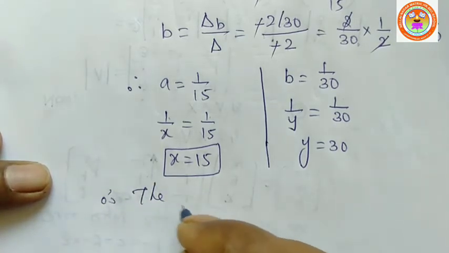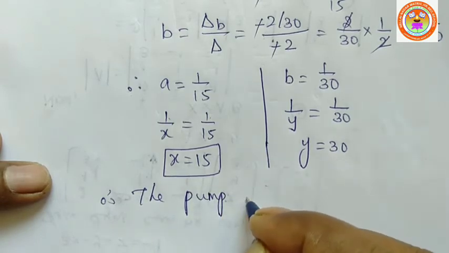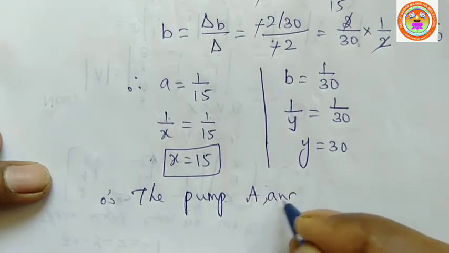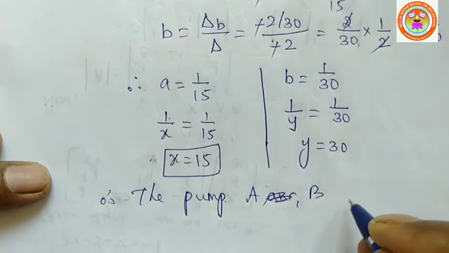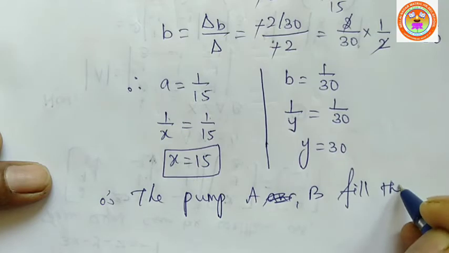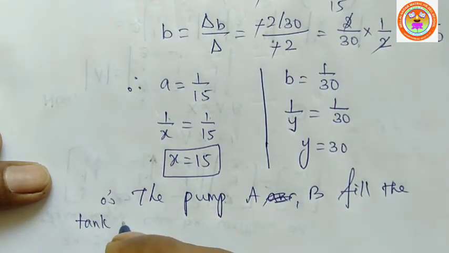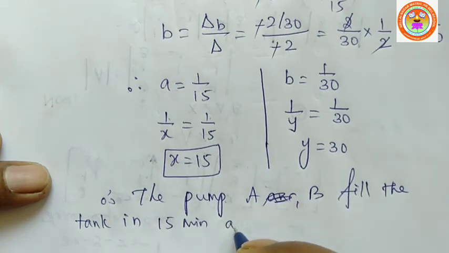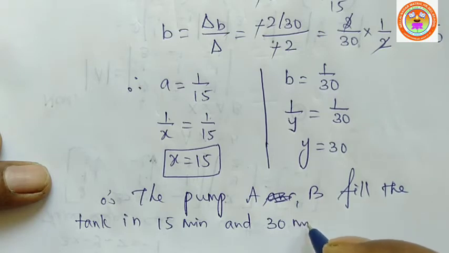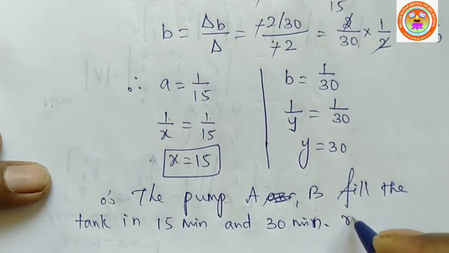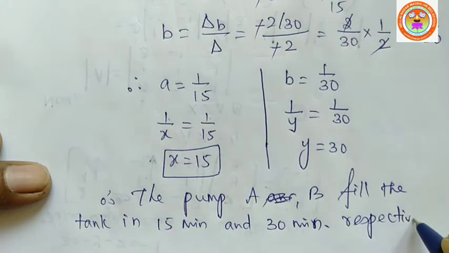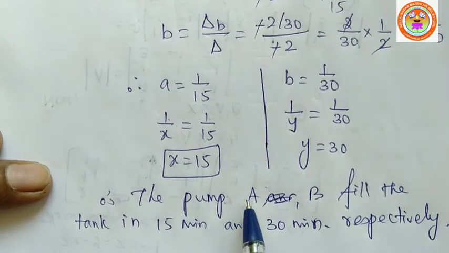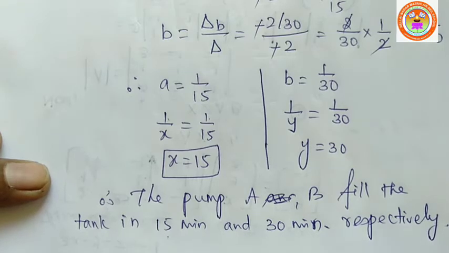Therefore, the pumps A and B fill the tank in 15 minutes and 30 minutes respectively. That means the pump A can fill the tank in 15 minutes, the pump B can fill the tank in 30 minutes. Is it okay?